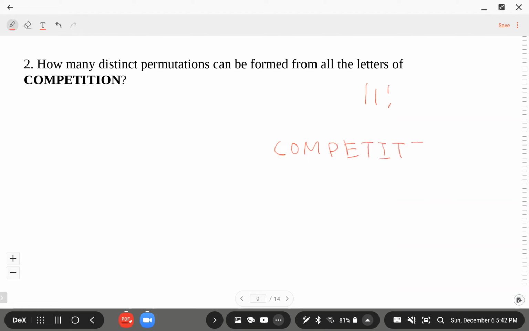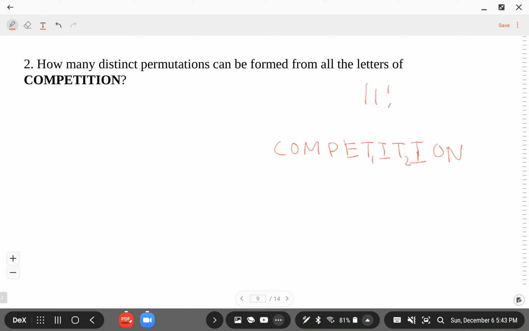That would just be a permutation of competition on its own. But look how many I's and T's are there. There's 2 T's, T1 and T2. So basically, there can actually be 2 permutations for this, right?